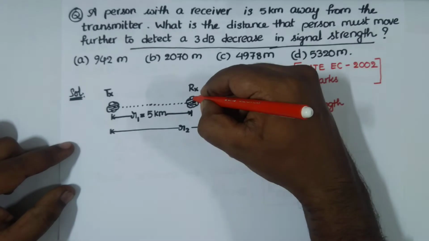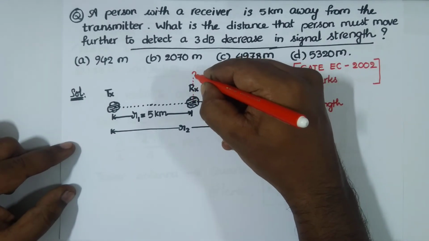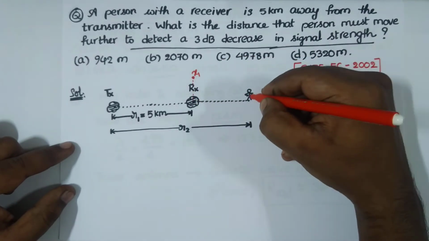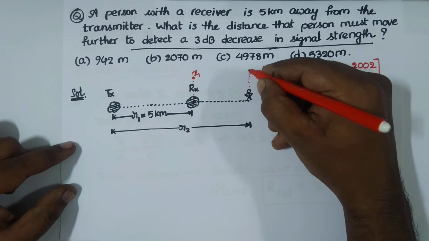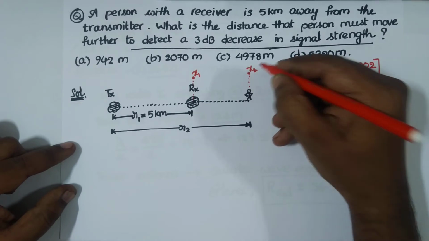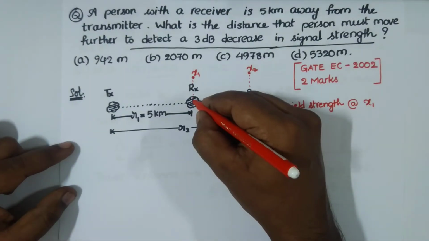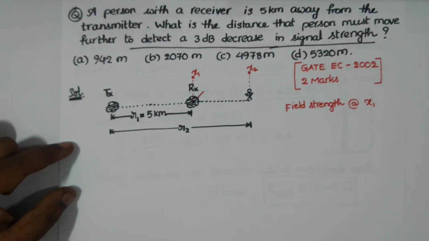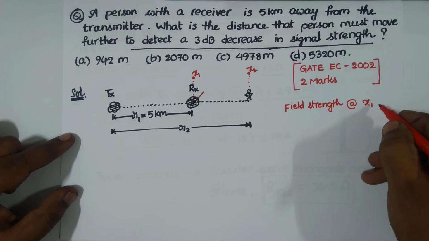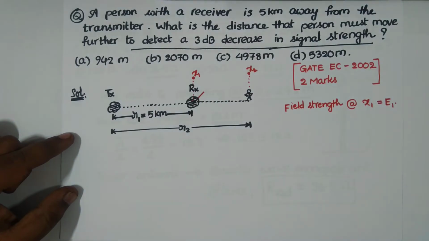Let me label this point as x1 and this point as x2. Say the field strength at x1, here, is let us assume as some E1.